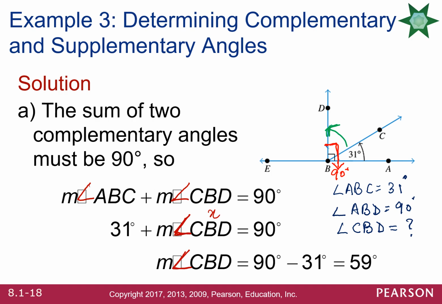So you subtract 31 degrees from both sides. So 90 degrees minus 31 degrees equals 59 degrees, and that's what angle CBD is. You can cross check: 59 degrees plus 31 degrees should add up to 90 degrees, given that they are complementary angles.